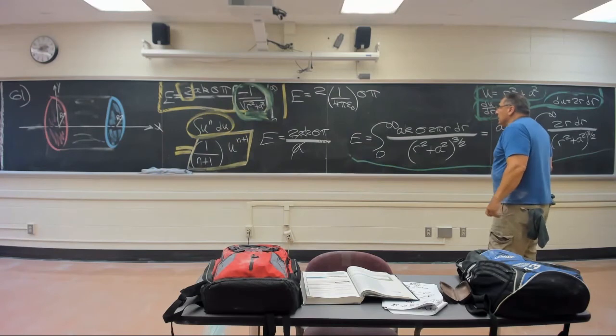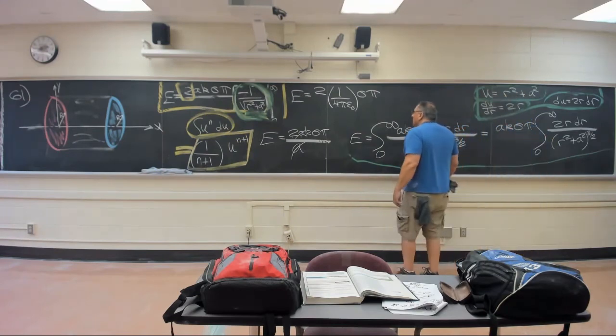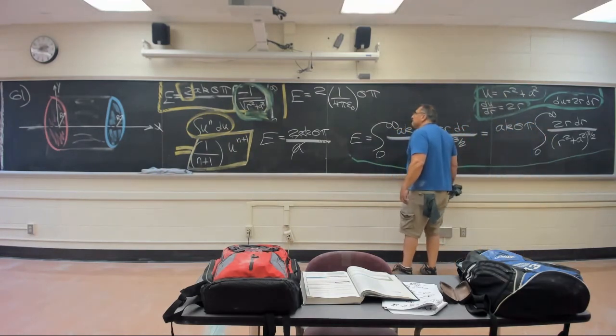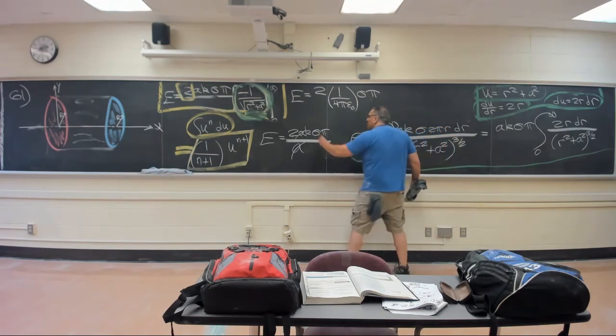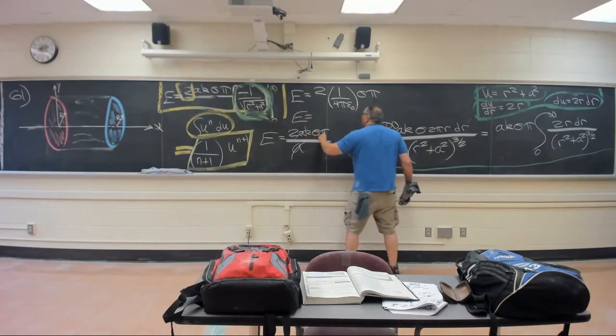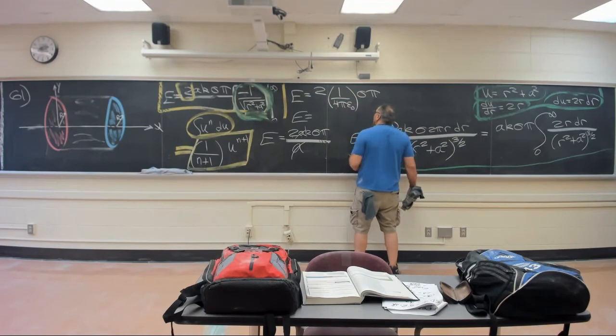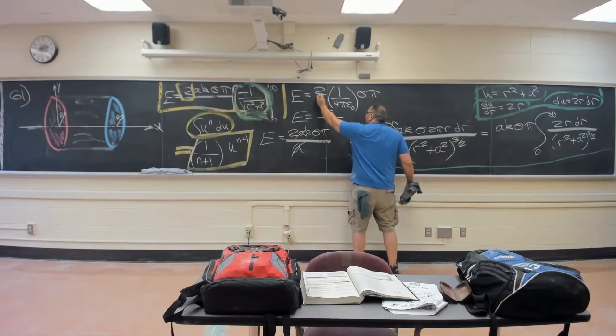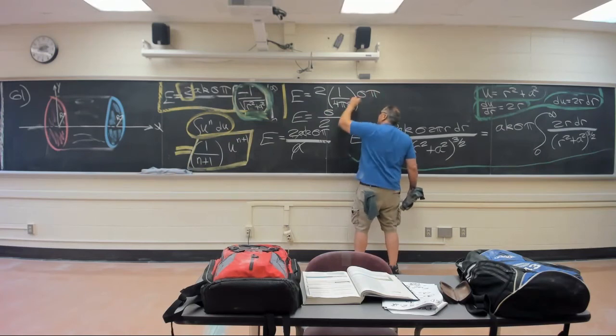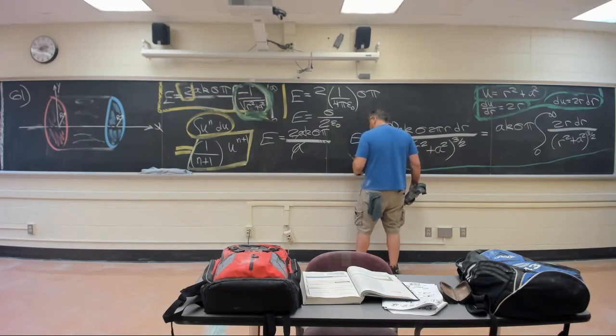Let's talk a little bit. The 2 and the 4 cancel, leaving us a 2 on the bottom. The pi and the pi cancel, for real. You got this.